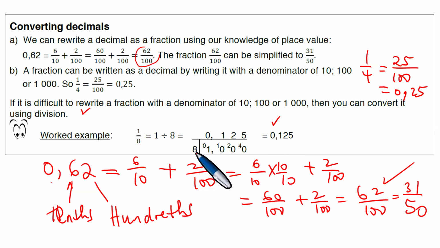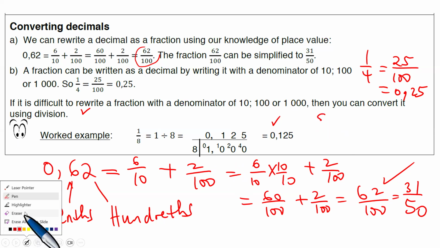So when you divide 1 by 8, it goes 0 times, but you have the remainder 1.